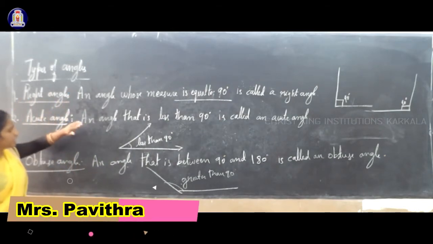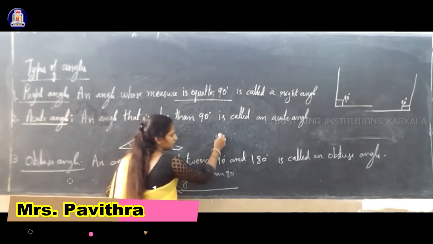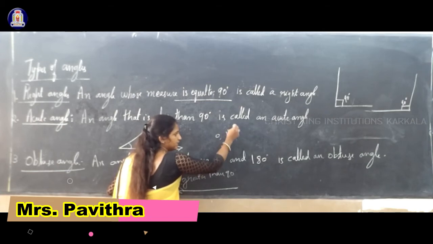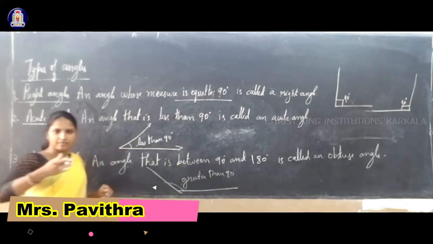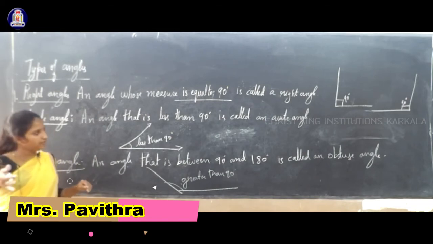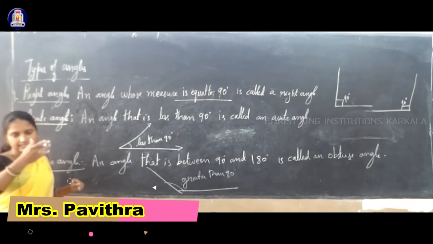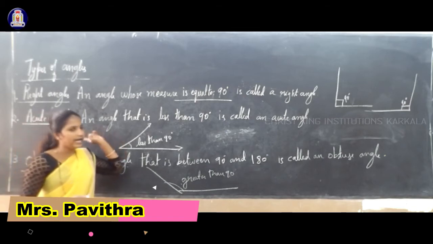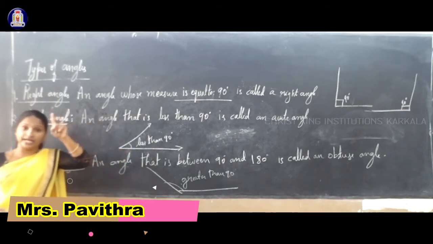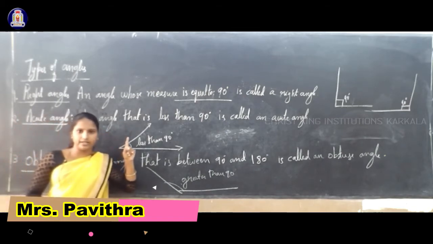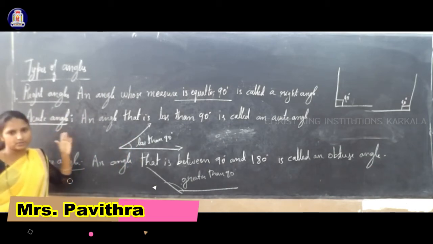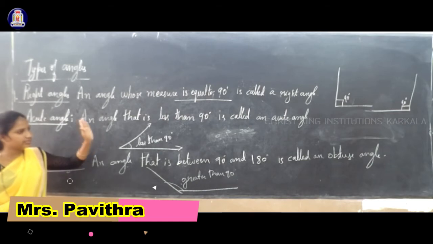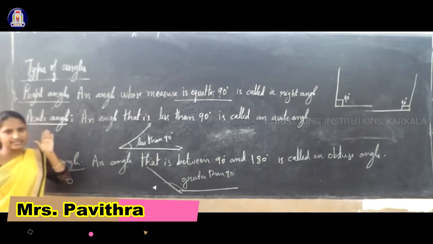But if you get an angle that is less than 90, it may be 10 degrees, 20, 30, 40, 50, 60, 70, 80. Angles less than 90 degrees are called acute angles. It may be 89 degrees or 87 degrees; all these are examples of acute angles. So that is less than 90.